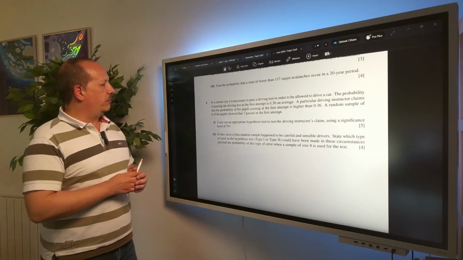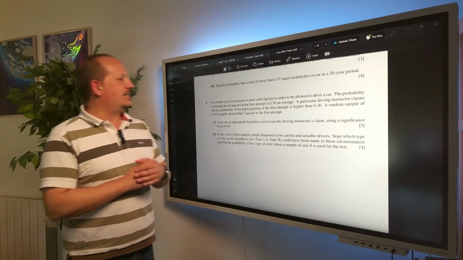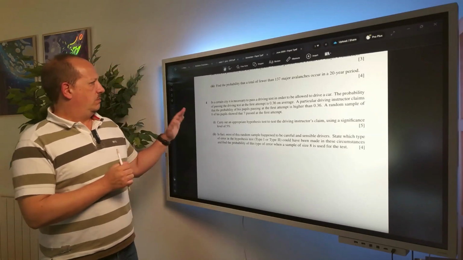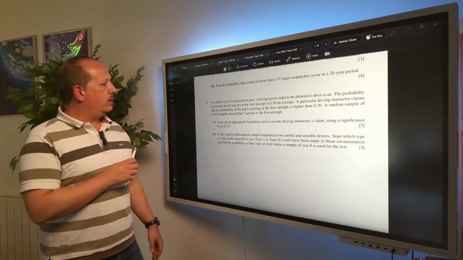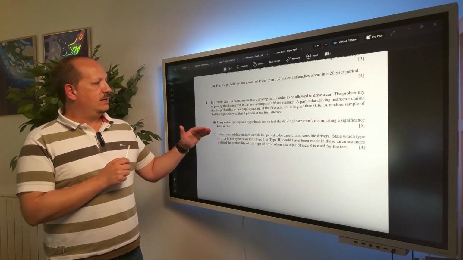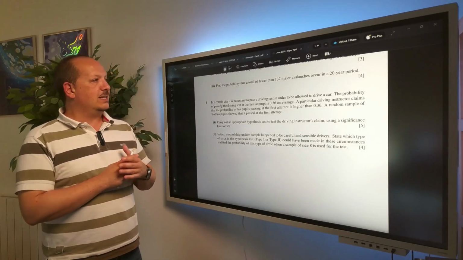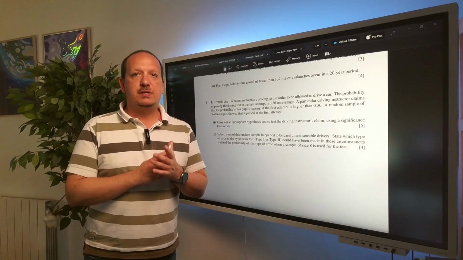A random sample of 8 of his pupils showed that 7 passed at the first attempt. Okay? Carry out now an appropriate hypothesis test to test the driving instructor's claim using a significance level of 5%.